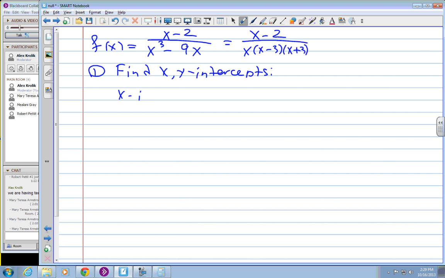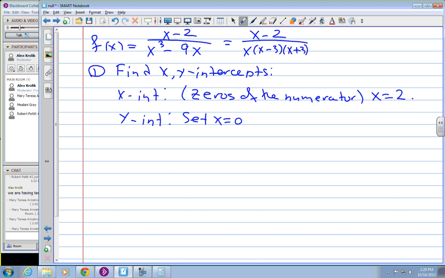So first, find the x-y intercepts. For the x-intercept, again, we just have to think about zeros of the numerator. So what are the zeros of the numerator? Right. So the only x-intercept is x equals 2. That's the only time where the function equals 0. Now the y-intercept, we're going to set x equals 0.